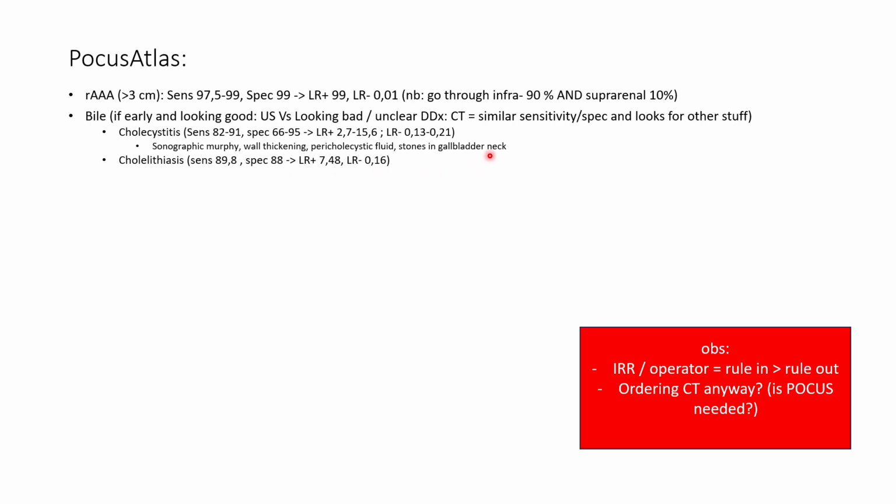But the CT scans, from the studies I could find, were not that much worse, and it kind of depends on where you are in the diagnostic process. I think it's quite powerful, with a patient with right upper quadrant pain, to say, here's your gallbladder. There's no free fluid. There's no stones in it. It's quite a powerful tool when you have right upper quadrant pain to just check that out.